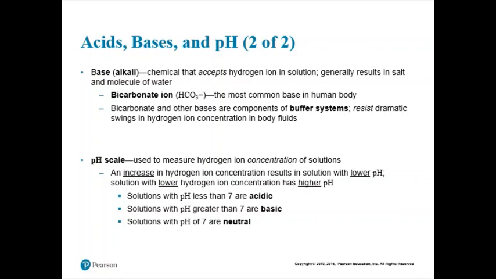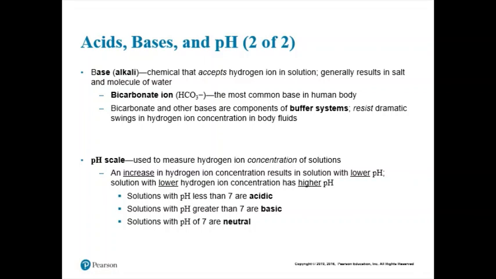Again, just break it down. Remember, it's an inverse. So if I have a low hydrogen ion concentration, I'm going to have a high pH. So we say if you have a pH greater than 7, you're a base. Why? Because you have very little hydrogen ion there. Maybe you had hydroxyl groups from bases gobbling them up.